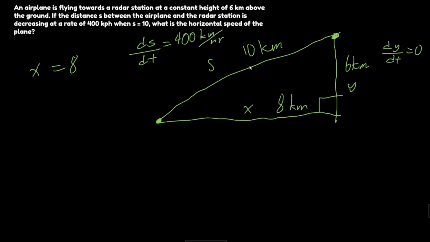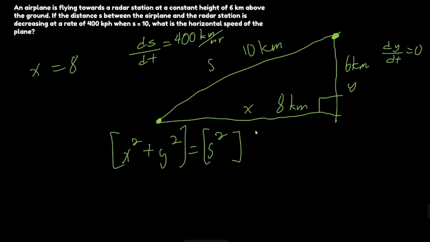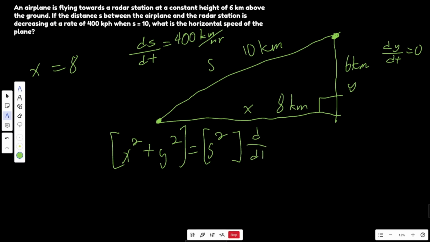That type of logic is how we do questions like this. So we're going to use the equation x squared plus y squared equals s squared, and differentiate both sides with respect to time, because our question is horizontal speed, and speed is defined by time.